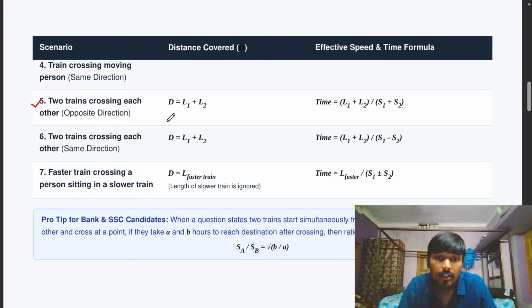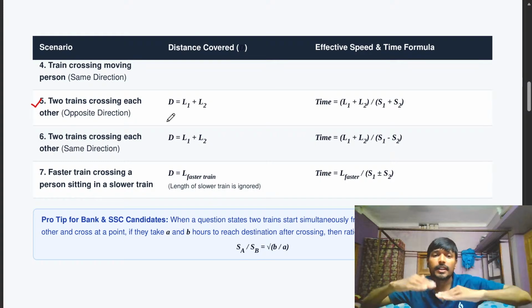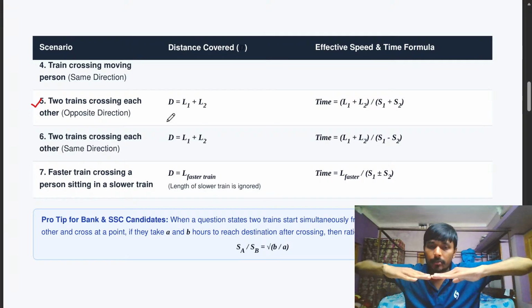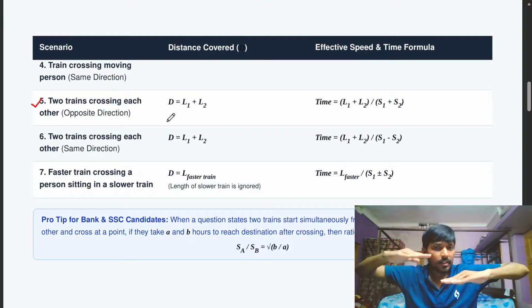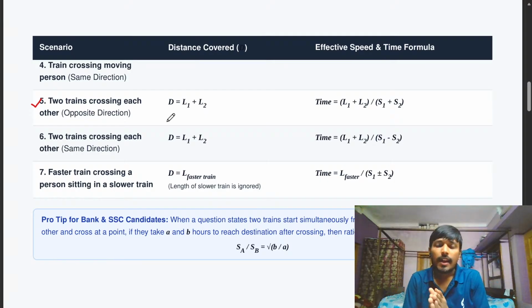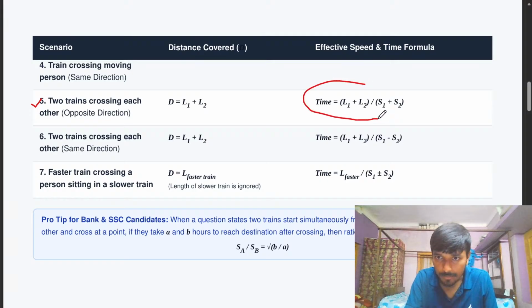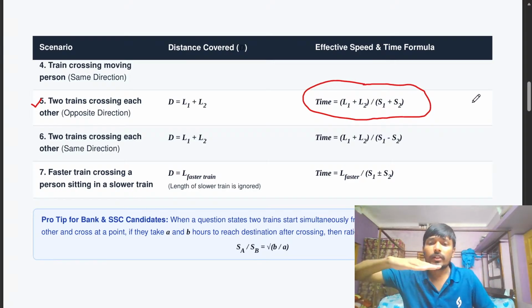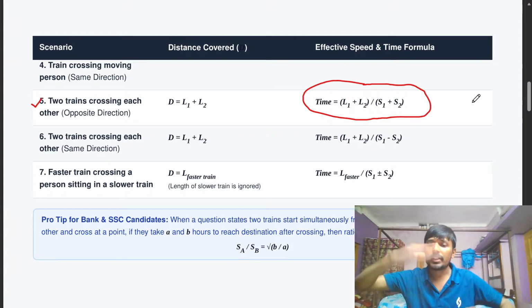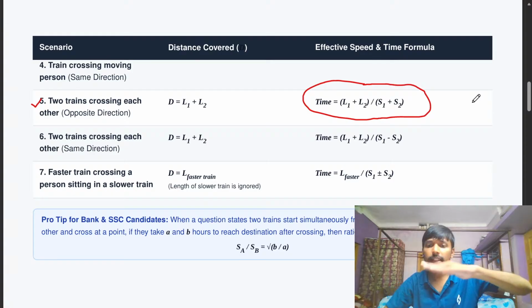So in this case, distance is equal to length 1, L1, plus L2. Distance covered means the length of the first train and the length of the second train. And in this case, time is equal to the length of the first train and the length of the second train divided by the speed of the first train plus the speed of the second train.